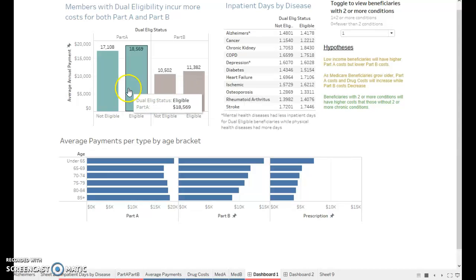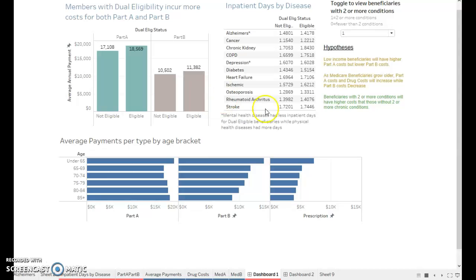And you can see that lower income beneficiaries will have higher Part A cost, but they also have higher Part B cost, so they are getting both outpatient care at a higher rate as well as inpatient care. So I coded this yellow because it was true that Part A costs are higher, but Part B costs are higher as well. So this was partially true.